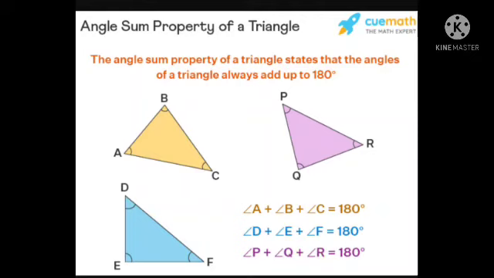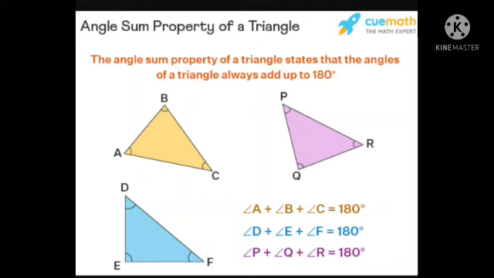The first property is the sum of angles. As you know, a triangle has three angles. So the property is that the sum of the three angles in a triangle is always equal to 180 degrees. Write it in your notebook.